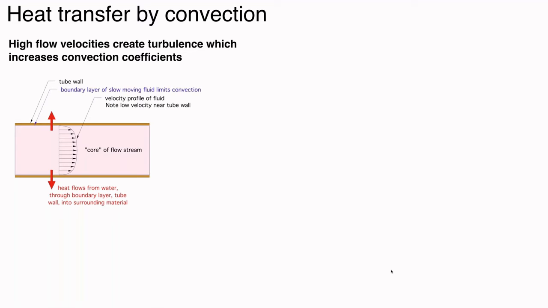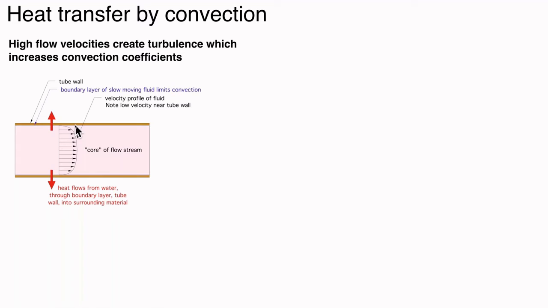If we look at the cross-section of the pipe and the flow going down through that pipe, we actually have slightly higher flow velocities near the center of the pipe than near the edge. But one of the things characteristic of the modeling of heat transfer is what's called a boundary layer. A boundary layer is a thin layer of fluid within which there's very little fluid motion.